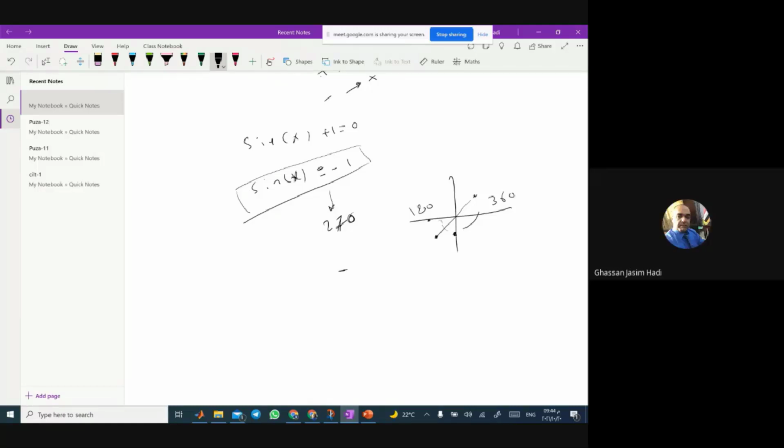Yes, that's true, this is minus pi over 2. Or 3 pi over 2.